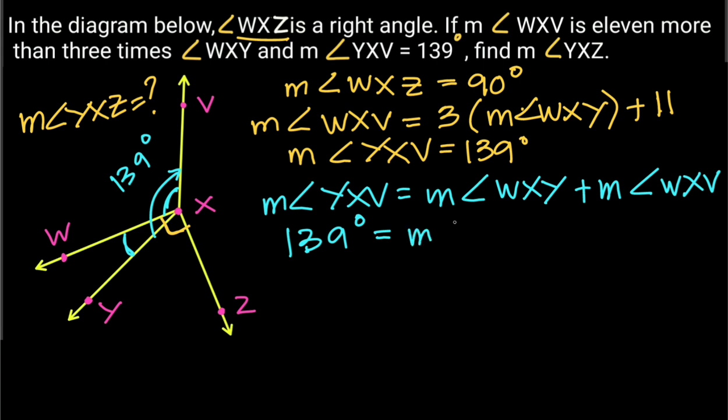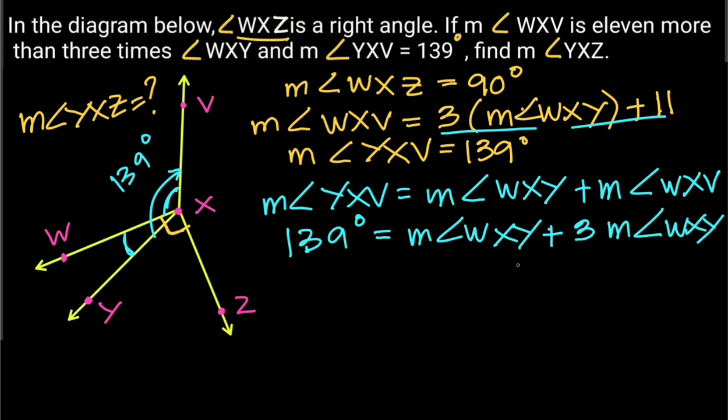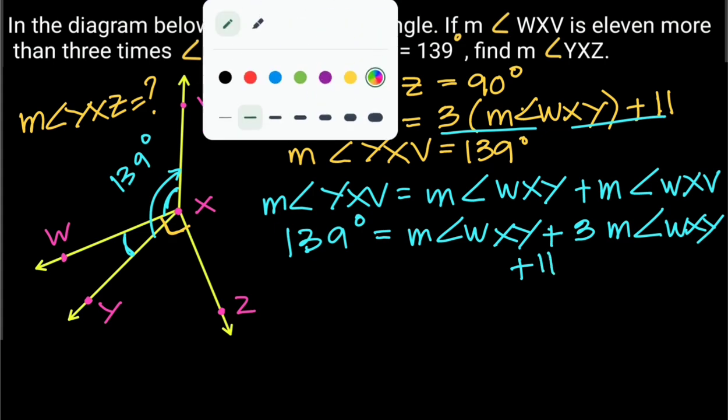Equals the measure of angle WXY. And we're also given that the measure of angle WXV is 11 more than 3 times the measure of WXY. So we can write that here: 3 times the measure of angle WXY plus 11. Now we can group like terms.